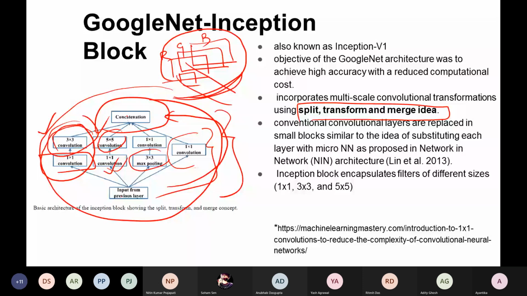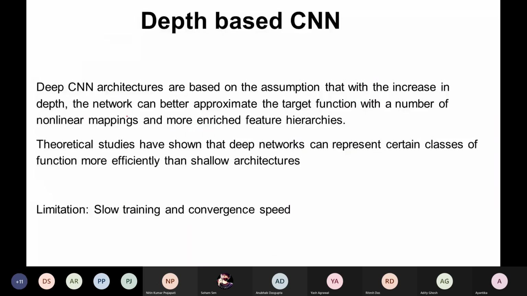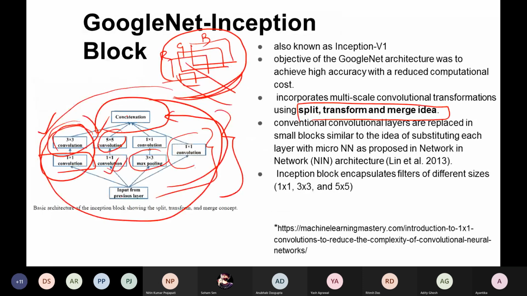Next comes the depth-based CNN. Here we will again go back to that same problem, our gradient descent problem. There we mentioned the problem, but we have not talked about any solution to that specifically. We have seen that for a particular number of layers, this GoogleNet and all these structures are working fine. But what will happen?